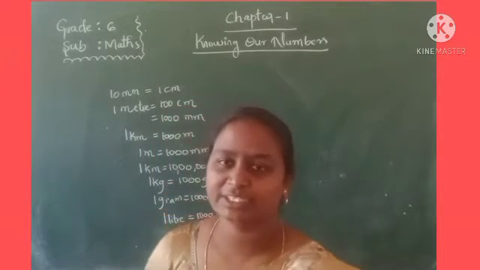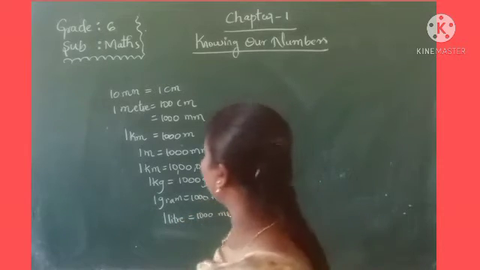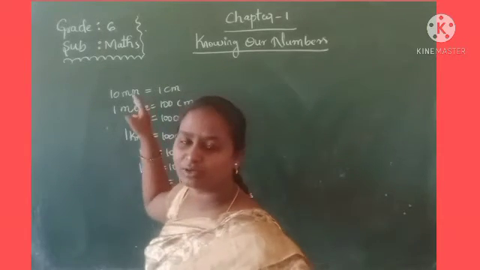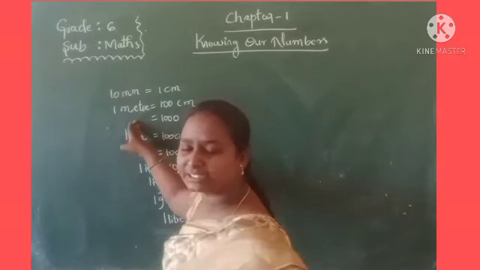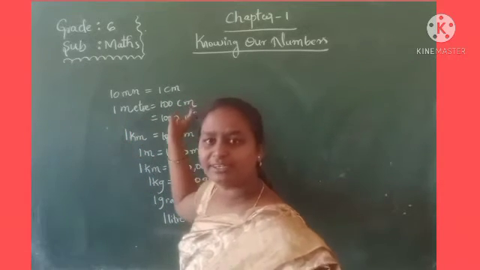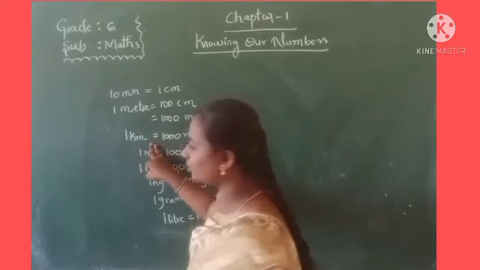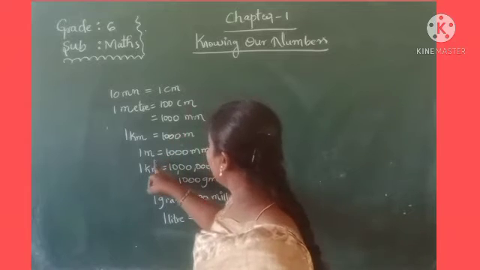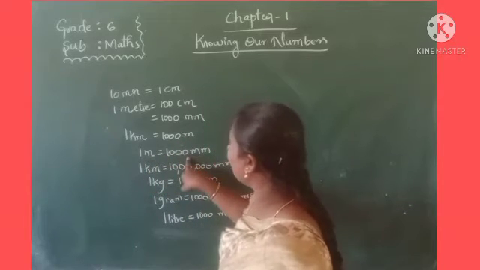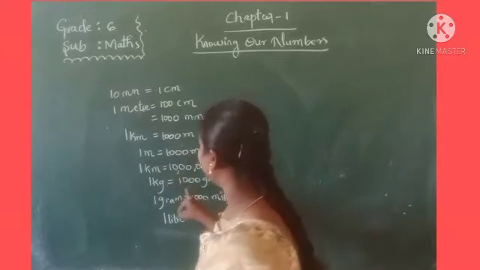Today you are also going to learn about units. 10 millimeters is equal to how many centimeters? That is 1 centimeter. 1 meter is equal to how many centimeters? 100 centimeters. 1 kilometer is equal to how many meters? 1000 meters. 1 meter is equal to 1000 millimeters.